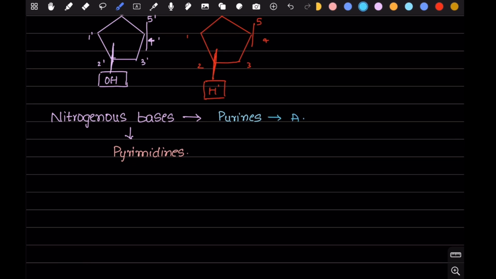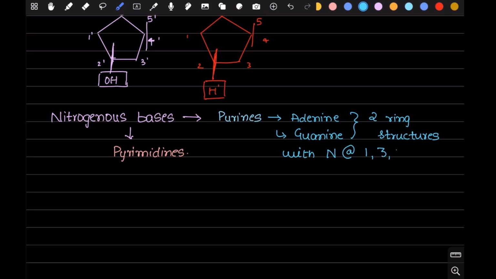These purines are adenine and guanine, and they are 2 ring structures with nitrogen at first place, third place, 7th place and 9th place.